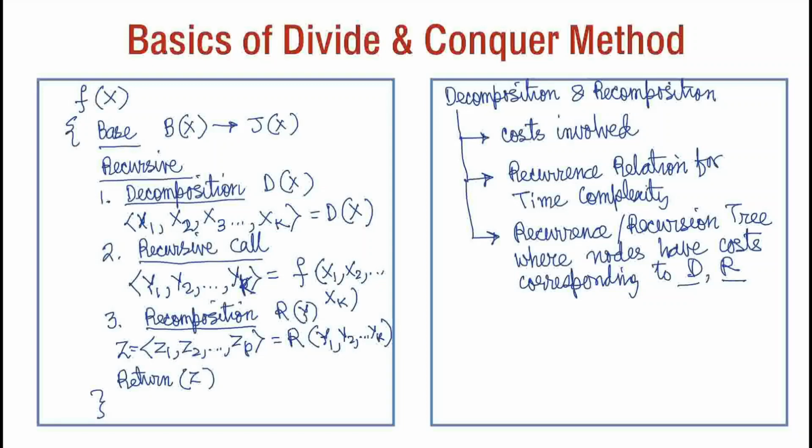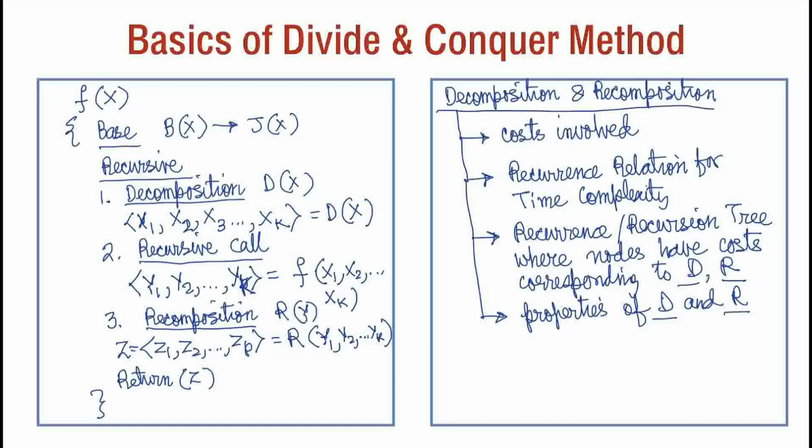We also have properties of the functions, properties of D and R in terms of their associativity, commutativity, etc., which enable us to see how we will evaluate.